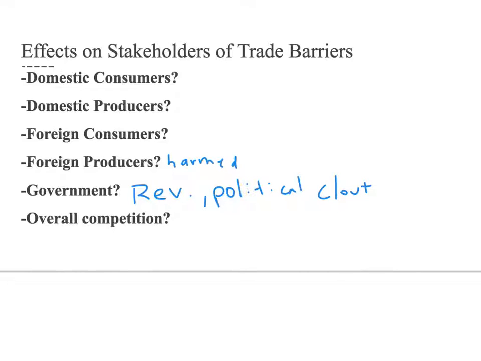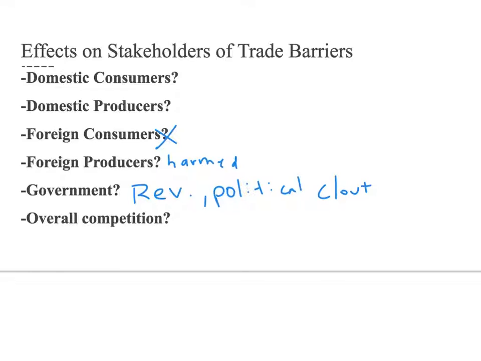For the foreign consumers, if we assume no retaliatory tariff or quota, then the foreign consumers are going to remain relatively unaffected. But if we assume that there's a retaliatory tariff or quota, then that probably will affect the foreign consumers.